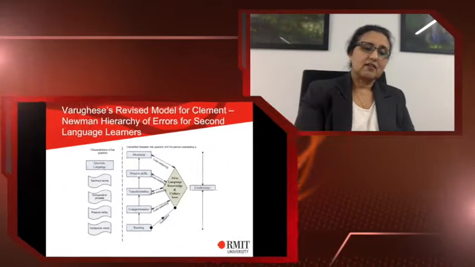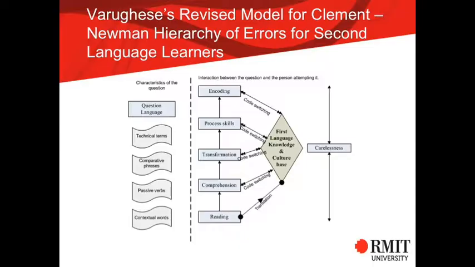I revised this model to suit second language learners. And in that process, if you look at this modified and revised diagram that I have, on the right-hand side of it, the same 5 steps are now affected by 2 other additional factors. One is that a second language learner tends to translate every step of the way. That is called code switching.